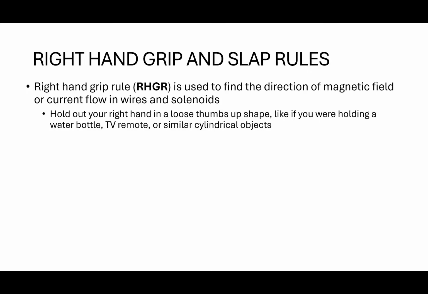To get this rule, you hold out your right hand in a loose thumbs up shape. So do a thumbs up, but then relax your fingers a bit so that they hang out from the palm of your hand a bit. It's like if you're holding a water bottle, a TV remote, or other cylindrical objects.